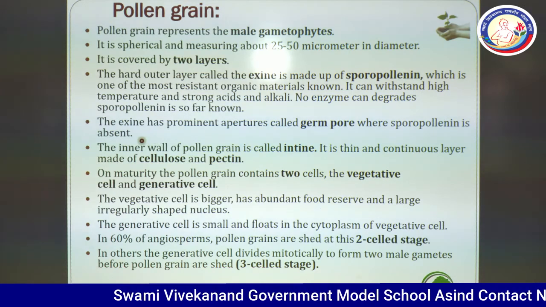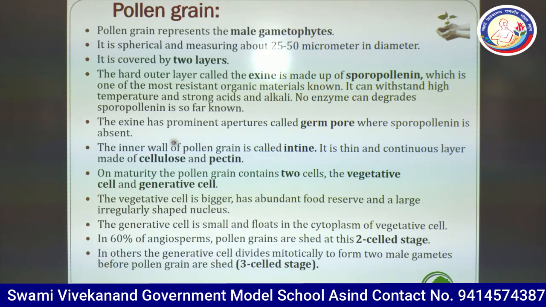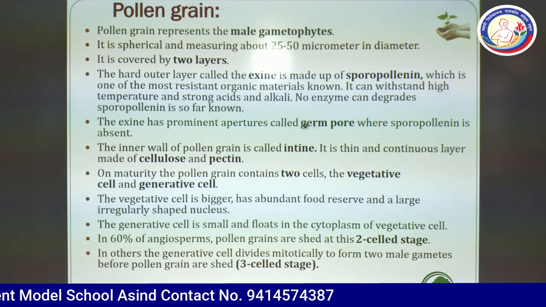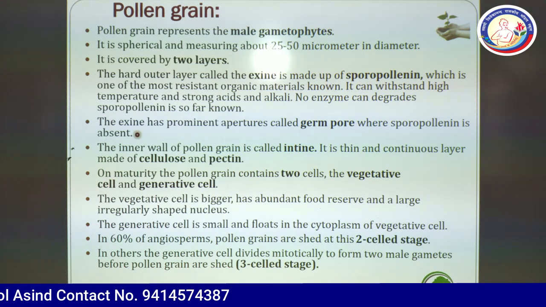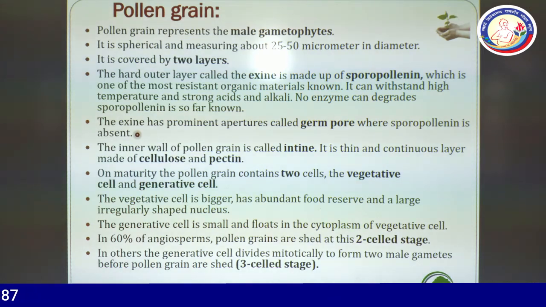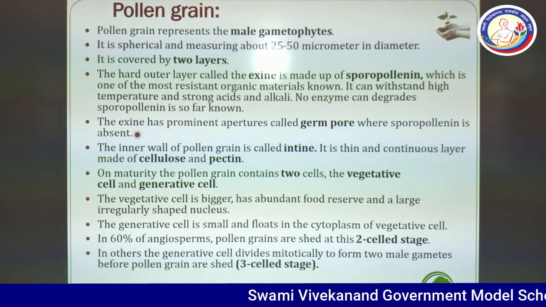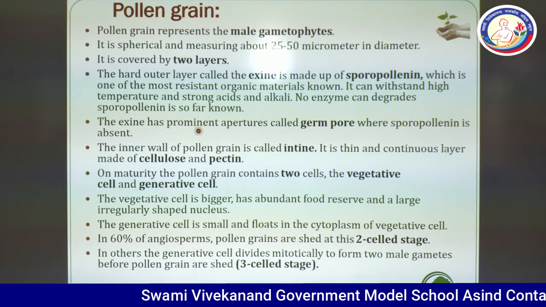And exine has prominent apertures called germ pores, where sporopollenin is absent. So when you study the pollen grain, the part where sporopollenin is absent will have a small pore-like structure, and it is known as a germ pore.